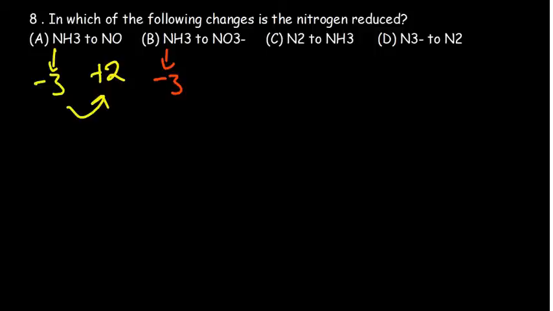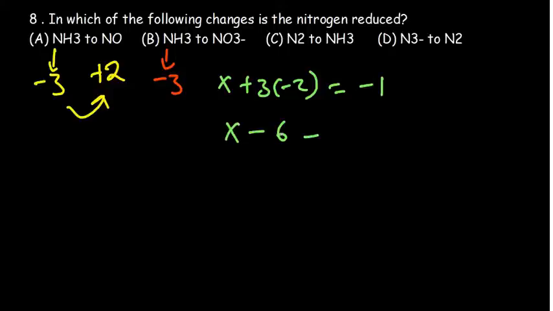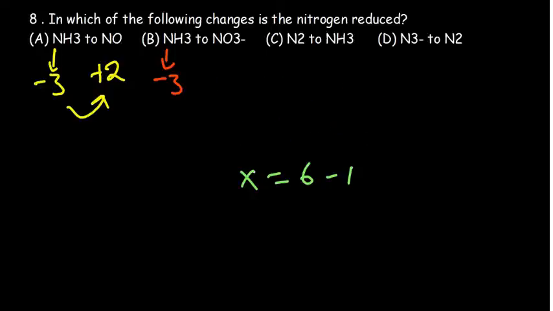This 3 is supposed to be a subscript, and then the negative is the charge. Taking nitrogen as X, and we've got 3 oxygen atoms, and then the charge is -1. So X minus 6 is equal to -1. X becomes 6 minus 1, so +5. So that is also oxidation, that's an increase.